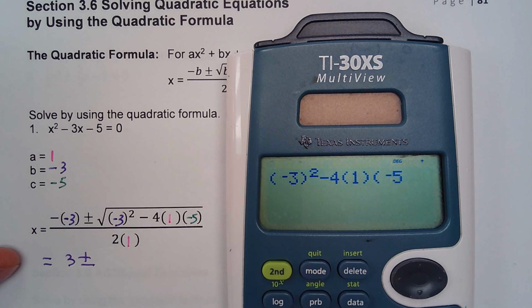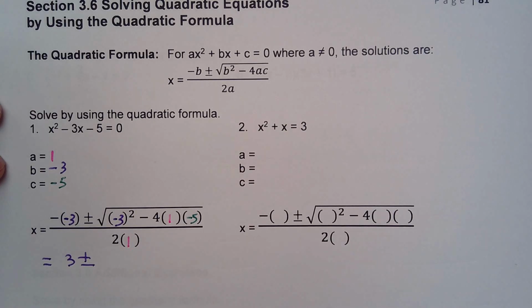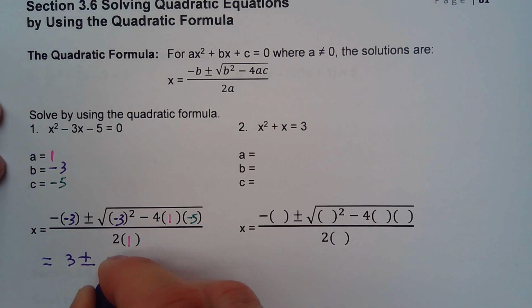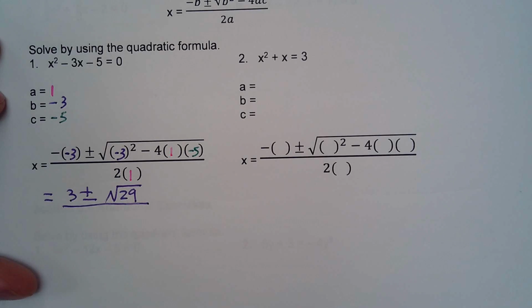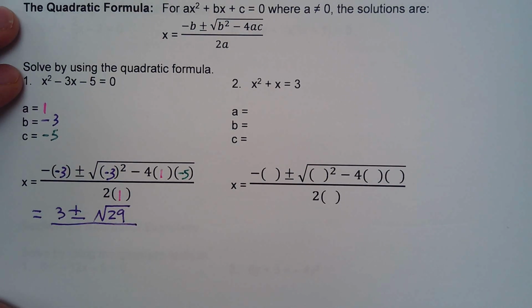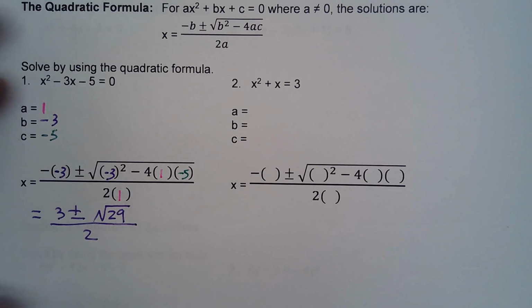I'm typing in exactly how it appears. That gives us 29. And then 2 times 1 is just 2. The square root of 29, we can't simplify, so we're pretty much done.